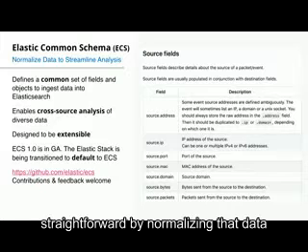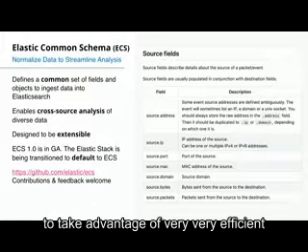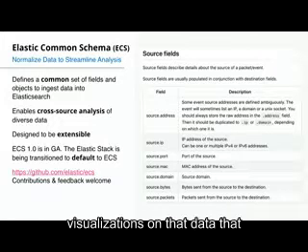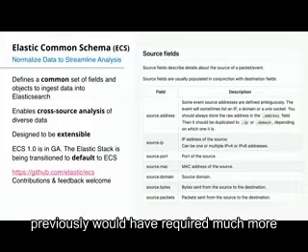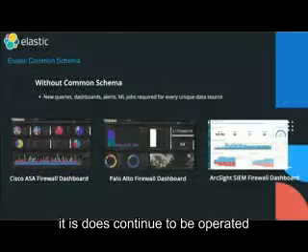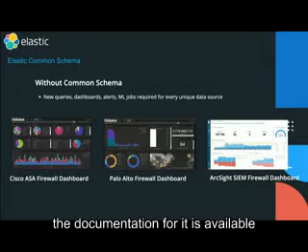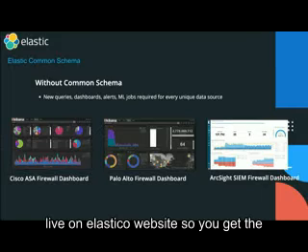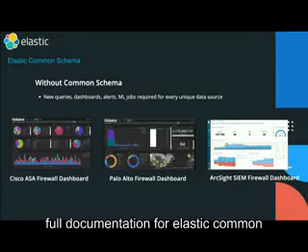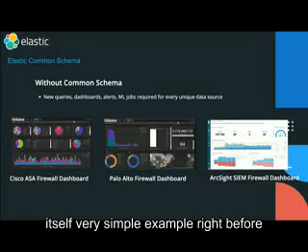By normalizing that data during the ingestion process, you're able to take advantage of very, very efficient operations, searches, aggregations, visualizations on that data that previously would have required much more complex searches or may not have been possible at all. It does continue to be operated within GitHub as a public repository, yet the documentation for it is available live on the elastic.co website. So you get the full documentation for Elastic Common Schema, and it's being kept up as part of any of the changes that evolve on GitHub itself.